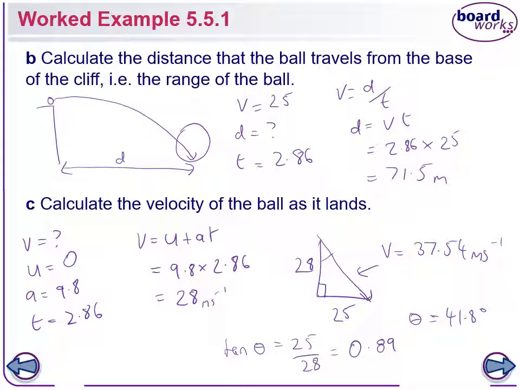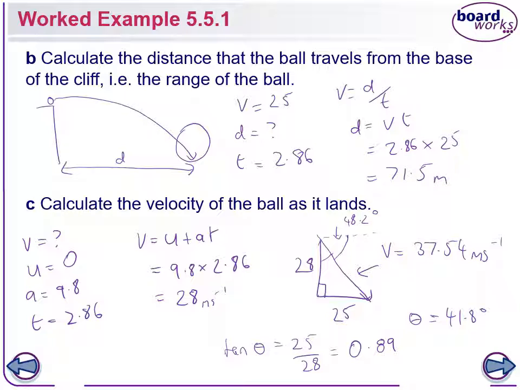So a good way of explaining this direction is, if this is 41.8, then that will be, what's that, 48.2? So we could say that our projectile, as it lands, has a velocity of 37.54 meters per second at an angle of 48.2 degrees below the horizontal. That's not a bad way to put it.